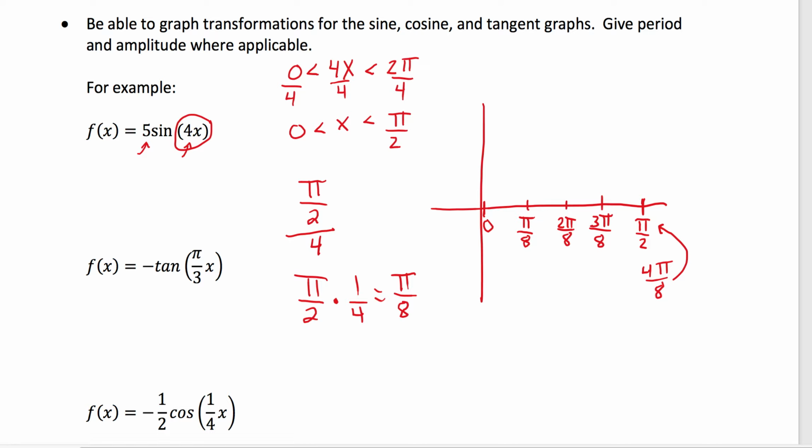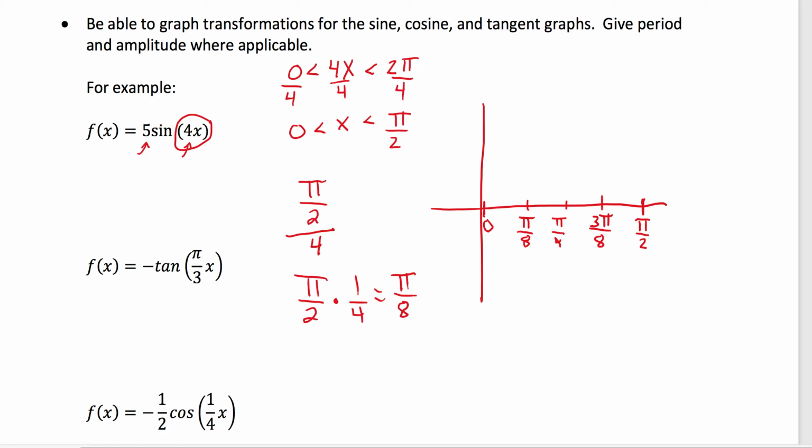That's an indication that you have not made a mistake in your spacing. So I'll erase that. I also want to reduce any of those fractions that can be reduced, so the 2 pi over 8 will reduce to pi over 4. Okay, so that takes care of the period change.